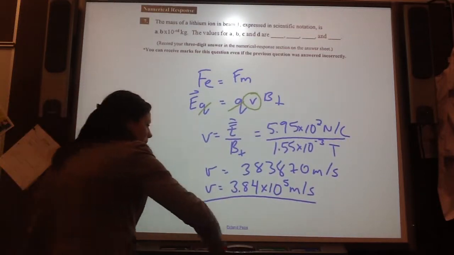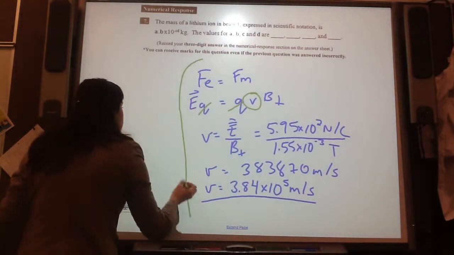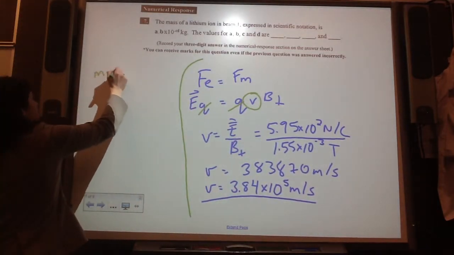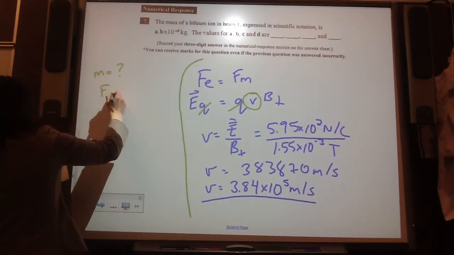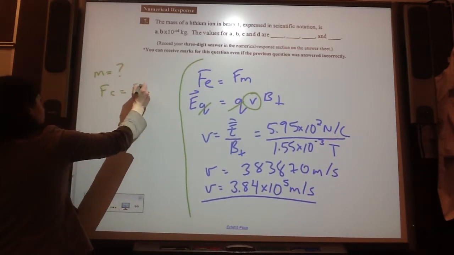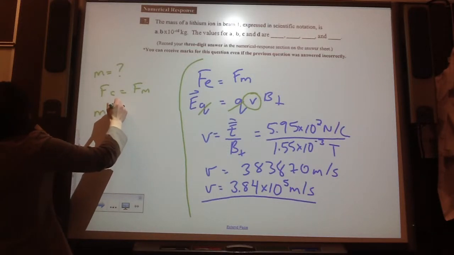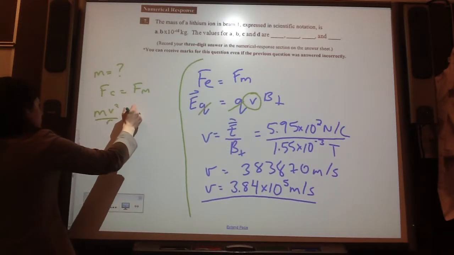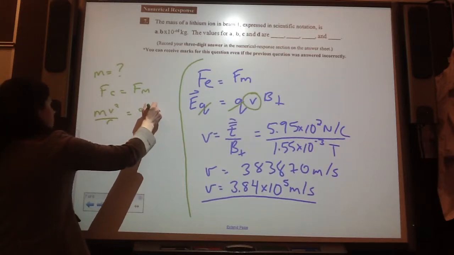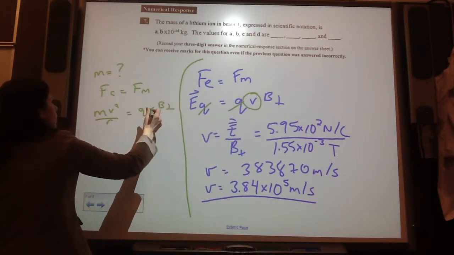So now the next part of this is where we're trying to find m. We can say Fc is equal to Fm. Fc is m times v squared over r, which equals q times v times B perpendicular.